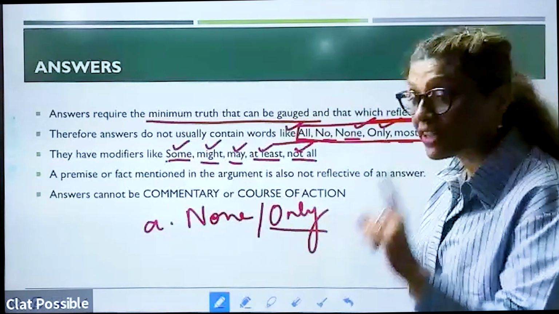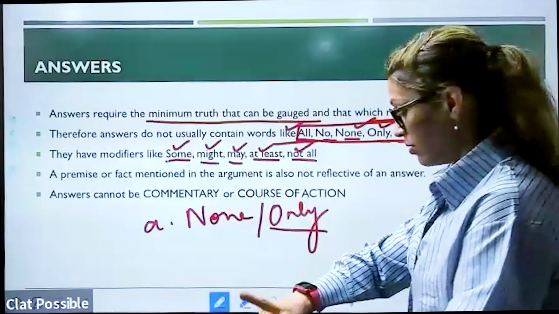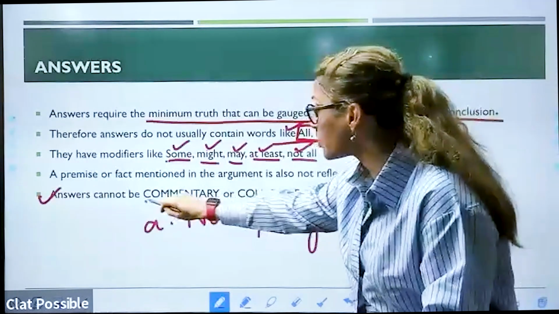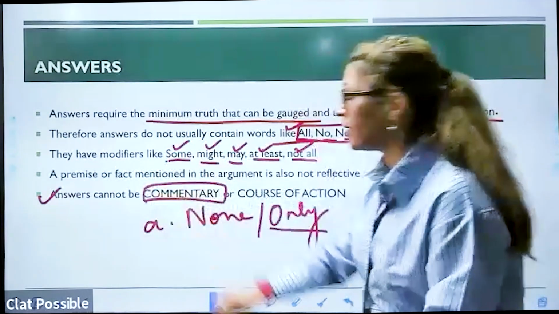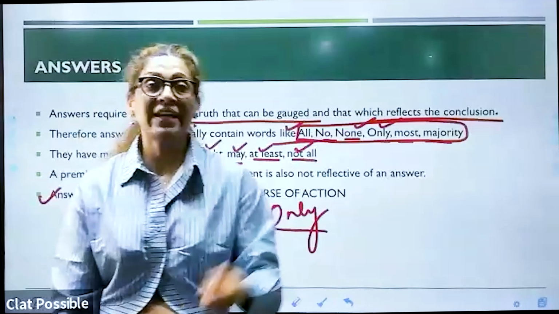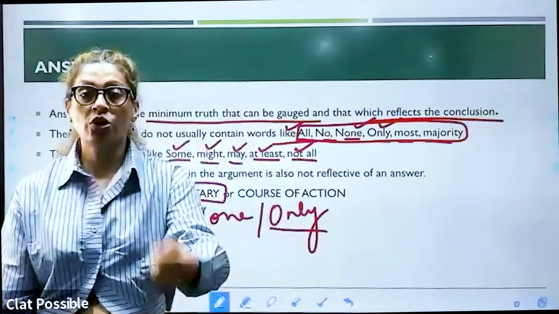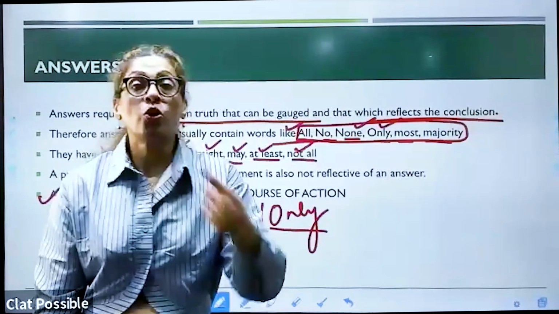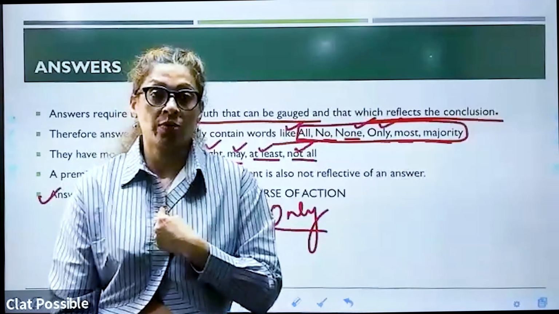And remember the other traps. So I'm telling you what you cannot do. The other trap is choosing a commentary. You have to read the argument and say what the author is telling you. You have to give the author's conclusion in the argument. You don't have to give your commentary in the argument.